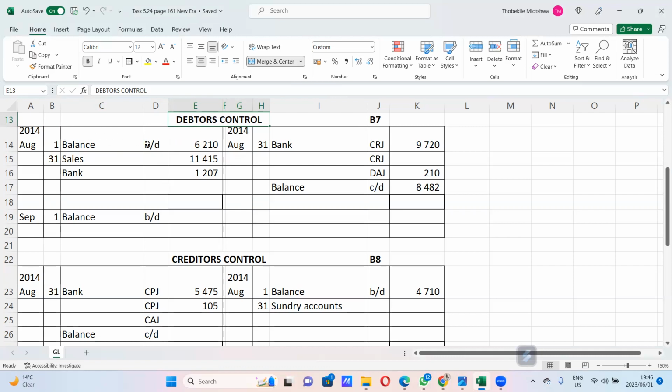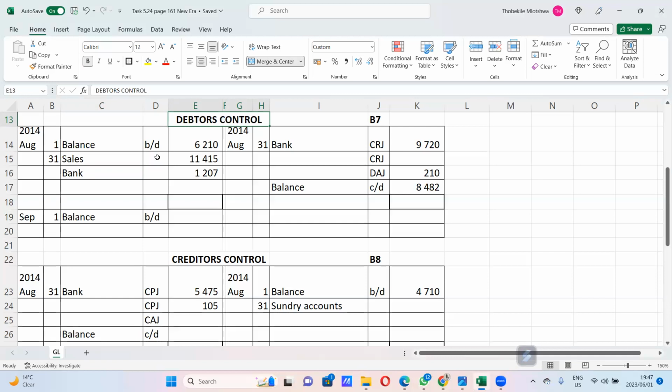It's on the debit. Then we look at sales. Sales either comes from CRJ or what else? DJ. But if it's debtors control, CRJ is eliminated because people already paid for those goods. So you already received the money, that's why it's in CRJ. So they owe you nothing.